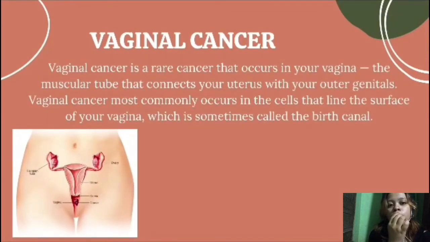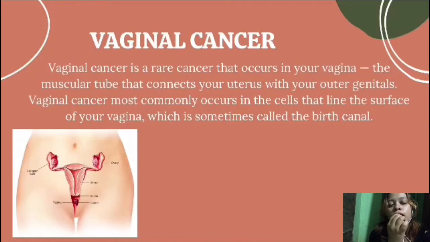So, let's talk about vaginal cancer. Vaginal cancer is a rare cancer that occurs in your vagina, the muscular tube that connects your uterus with your outer genitals. Vaginal cancer most commonly occurs in the cells that line the surface of your vagina, which is sometimes called the birth canal.